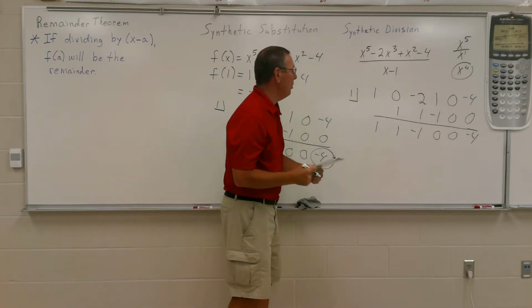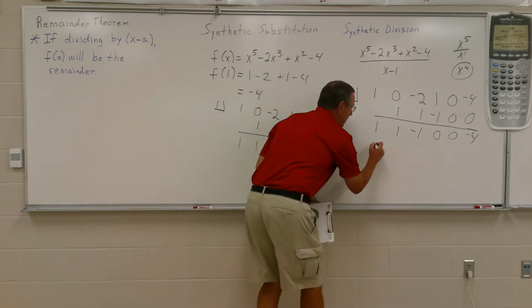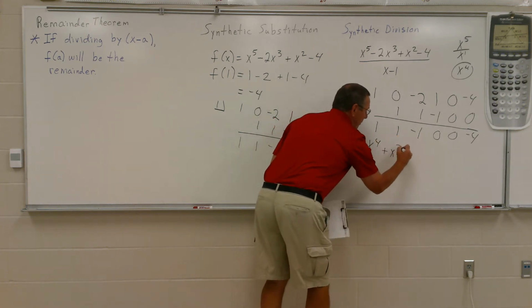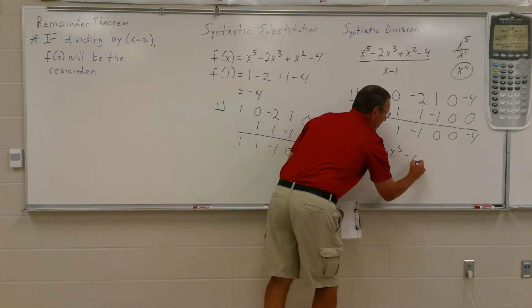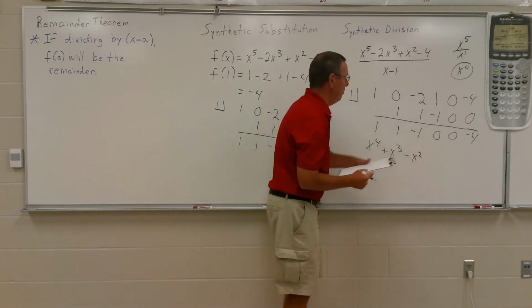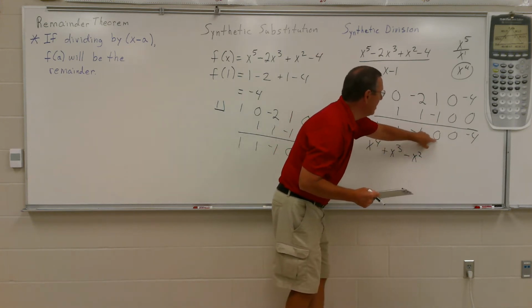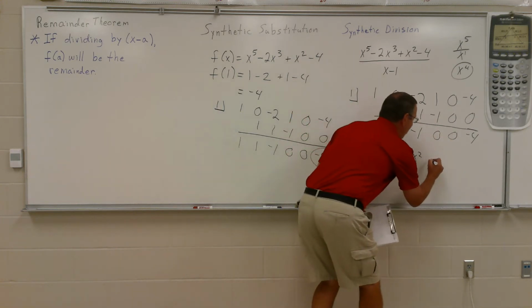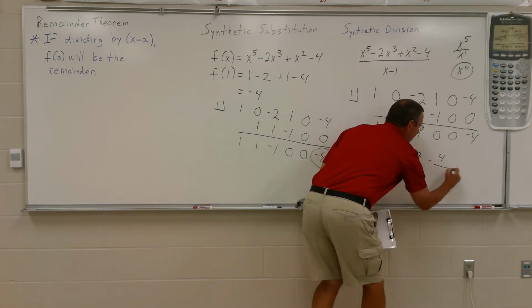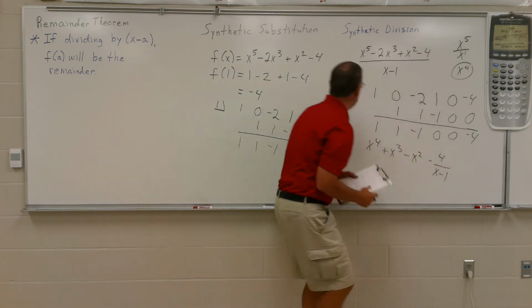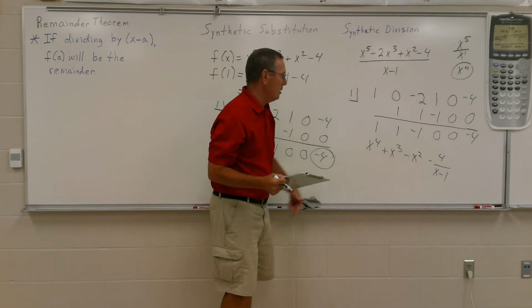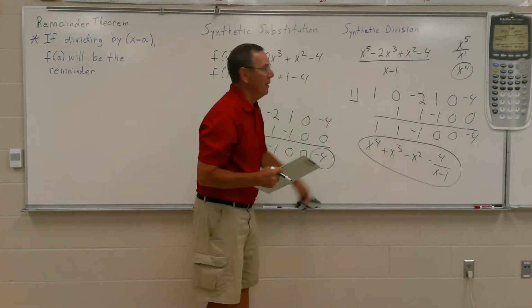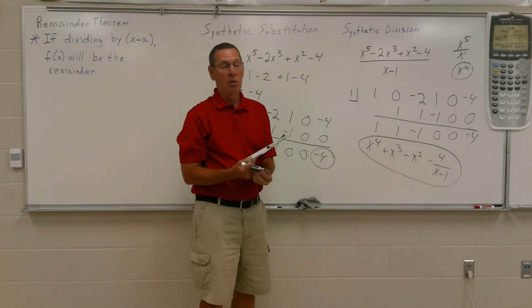I should get an x to the 4th, so what that means here is I have 1 of these x to the 4ths, plus 1 of those x to the 3rds, minus 1 of those x squareds, and then plus 0 of those x's, and then plus 0, and that's my remainder. My remainder is a negative 4, and I'm going to write this like this, minus 4 over x minus 1, because we divided by the x minus 1. So there we use synthetic division to do that, and you're going to have to do that on some problems in today's homework also.